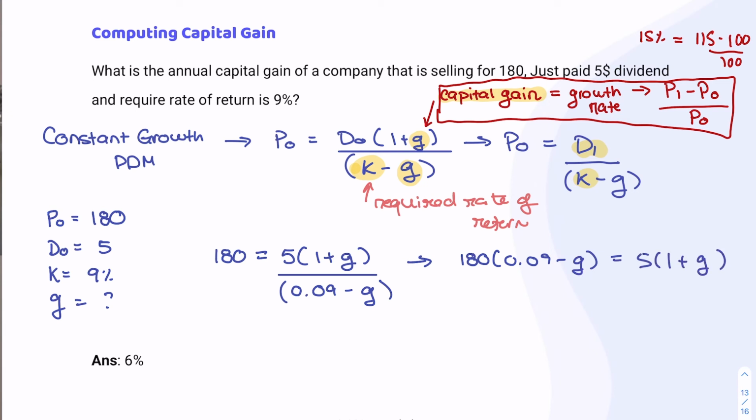We could simplify this as 16.2 minus 180 times G is equal to 5 plus 5G.